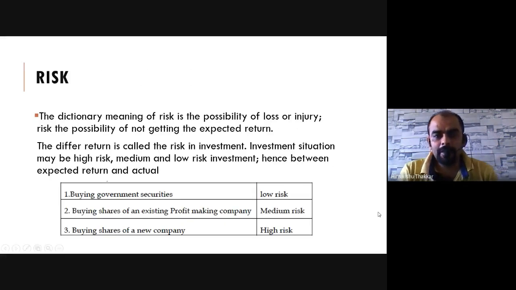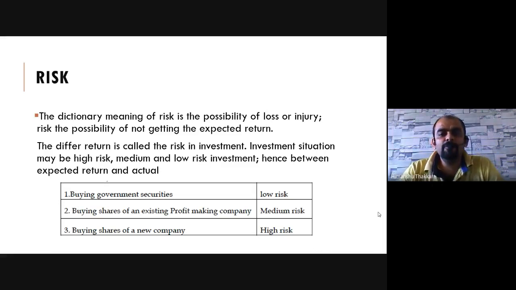So let us talk about risk. The dictionary meaning of risk is the possibility of loss or injury. In terms of normal day to day usage of the word risk, we say risk is the possibility of loss or injury.